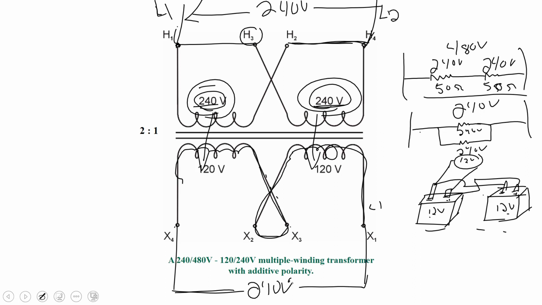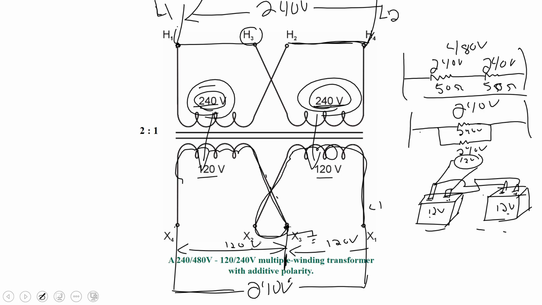Here's something else that we could do with this. Now, each one of these only contributes 120 volts. So if I make a center tap here and I ground this point, what does that look like to you? What would I have for a voltage from here to here? That'd be 120 volts. And here to here, 120 volts.